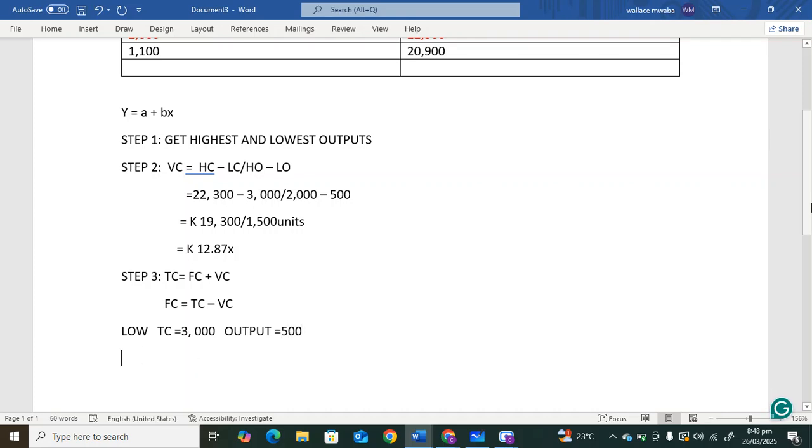All right. So to get our fixed costs, our total cost is 3,000 minus our variable cost, 12.87. Then we substitute x with the number of units.